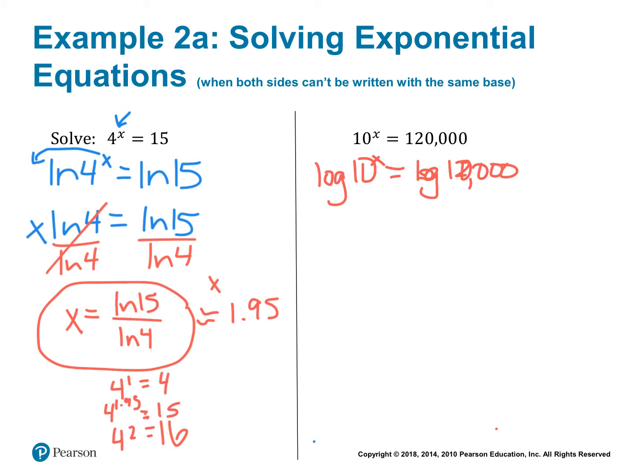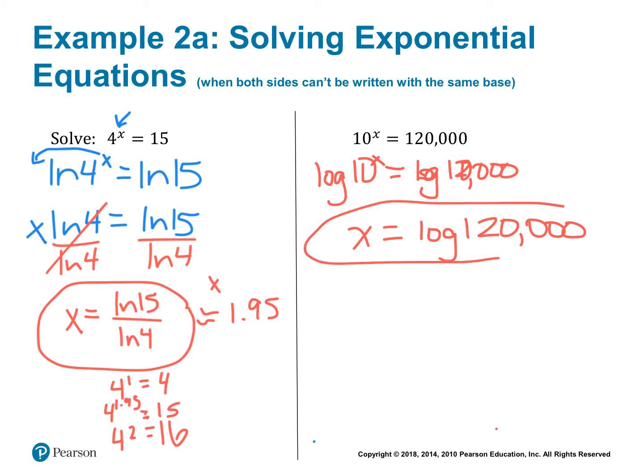Now, log of 10 to the x, we said, is the same as x, and the log of 120,000 we'll just leave as that. There's nothing I can simplify there. So now the x is already isolated, so we're just going to plug this into our calculator, or you can leave it like this if they want an exact answer. If you plug it into the calculator, you should get that x is about 5.08.